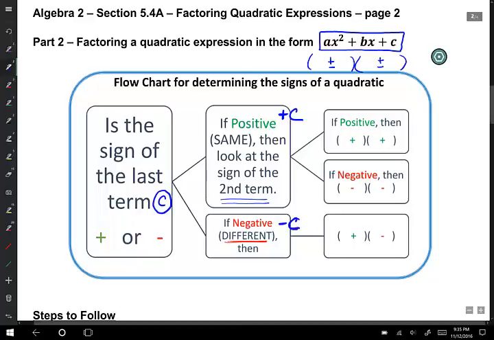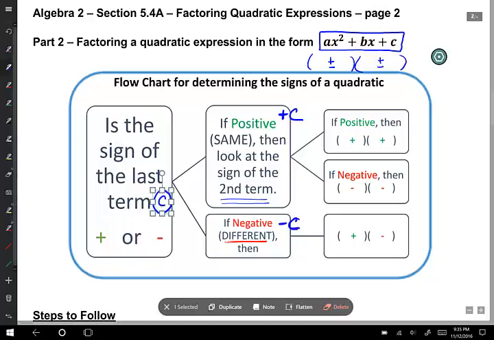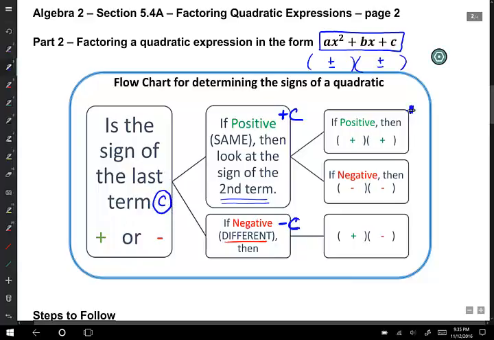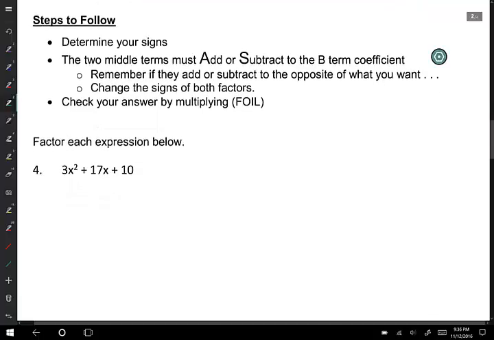And then the final is going to make a determination: if the middle term is positive, that'll be a positive B. This will be a negative B. And then on the bottom, it doesn't matter what the B is. B could either be positive or negative. It does not matter.